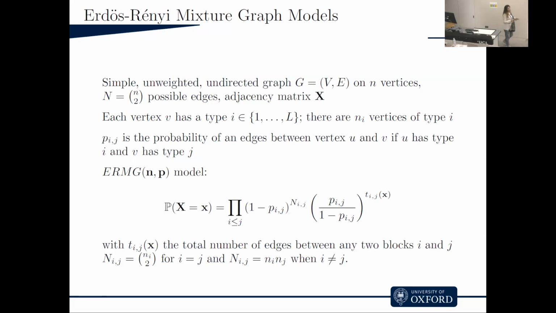So we have looked at what the ER mixture graph looks like. This is how it looks mathematically. It's simply the mixture of different ER models, an ER model within each group and an ER model between two groups.